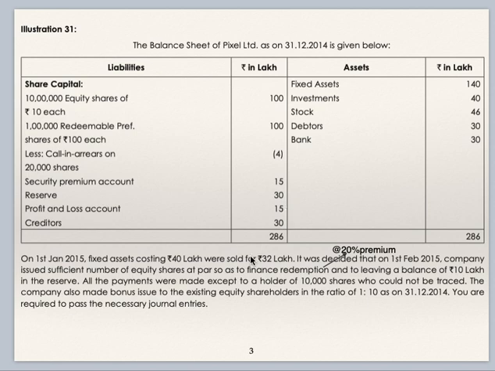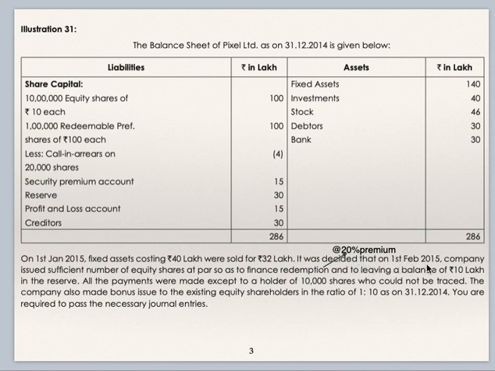After this sale of fixed asset, profit and loss account will become 15 minus 8, that is 7, because the loss of 8 lakhs gets adjusted with the profit of 15.